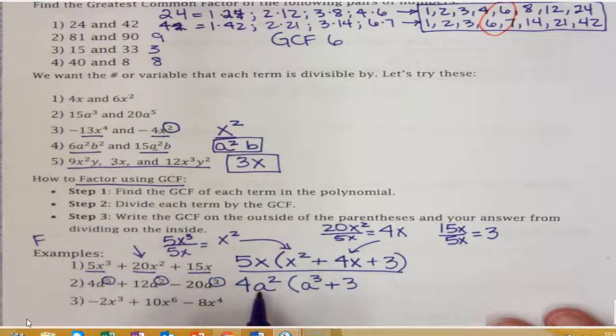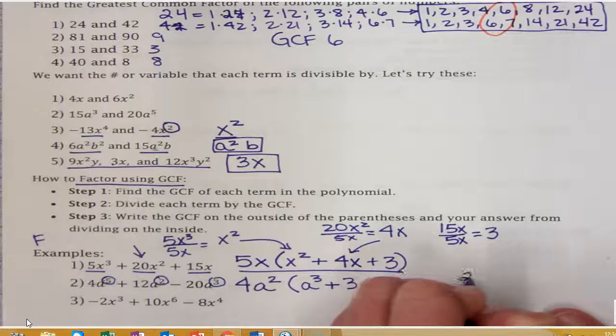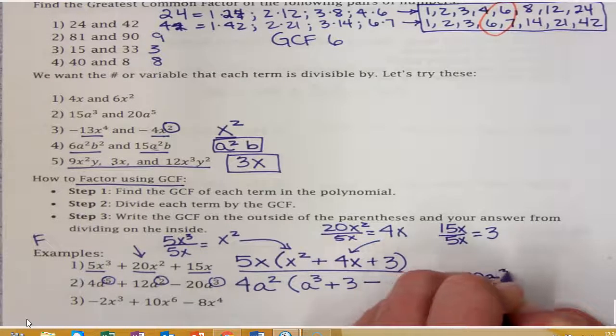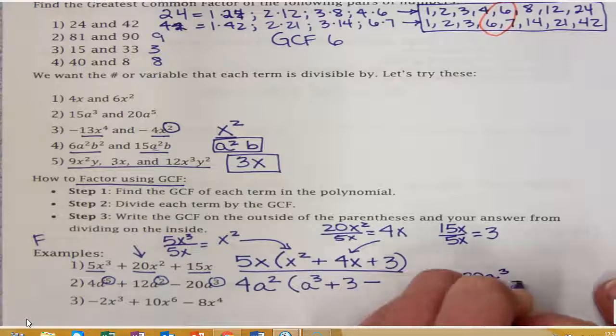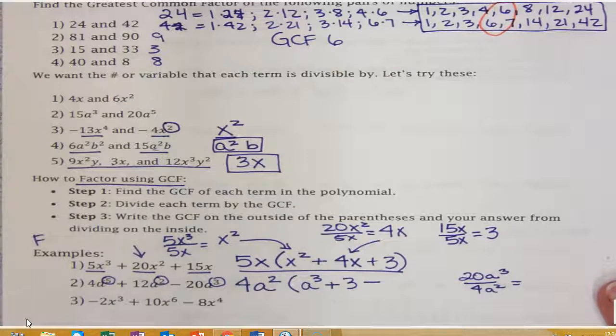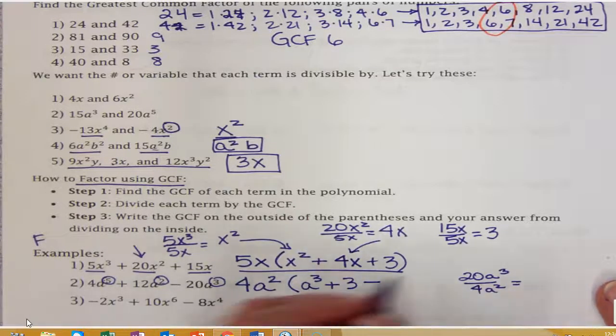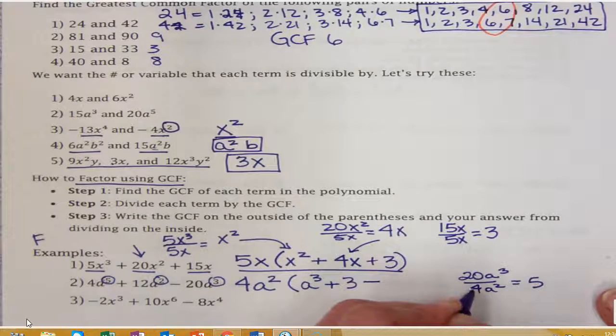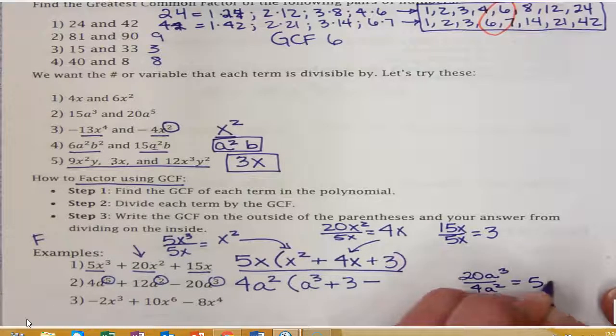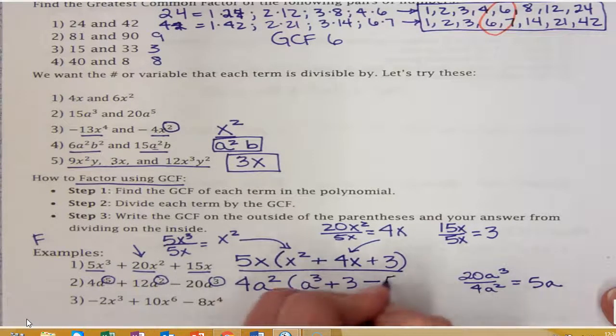A squared divided by A squared is 1, so I don't have anything else there. Minus 20a cubed divided by 4a squared. I'm doing that for each term, I just didn't write it down for each term. 20 divided by 4 is 5. A cubed divided by a squared is a.